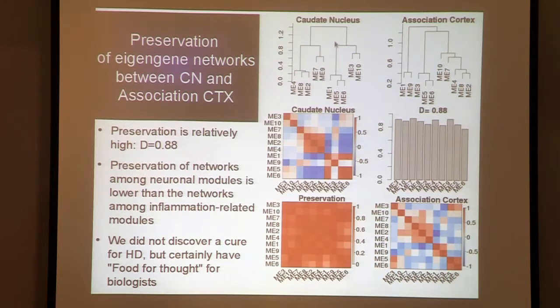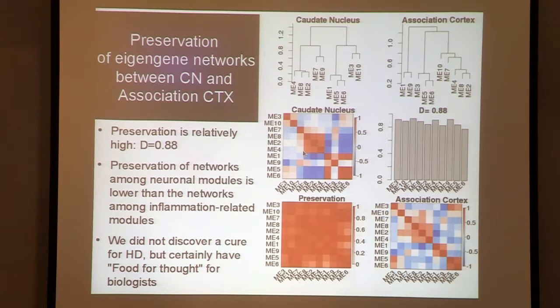And for clarity, I only show you the caudate nucleus and the association cortex. So in principle, this is a 2 by 2 matrix of plots. In principle, since we have 4 regions, we could have a 4 by 4 matrix, but you wouldn't be able to read it if I put it up on a transparency like this. So let me just show you 2. So here's the eigengene network in the caudate nucleus.